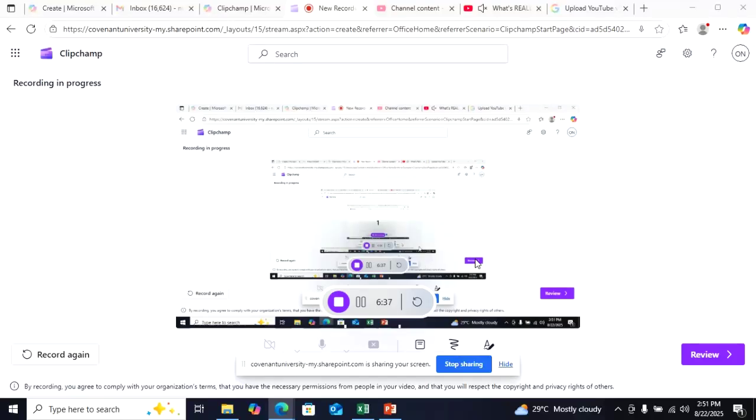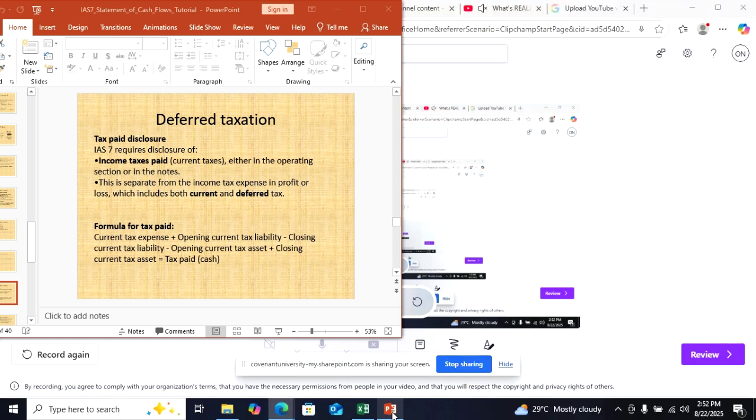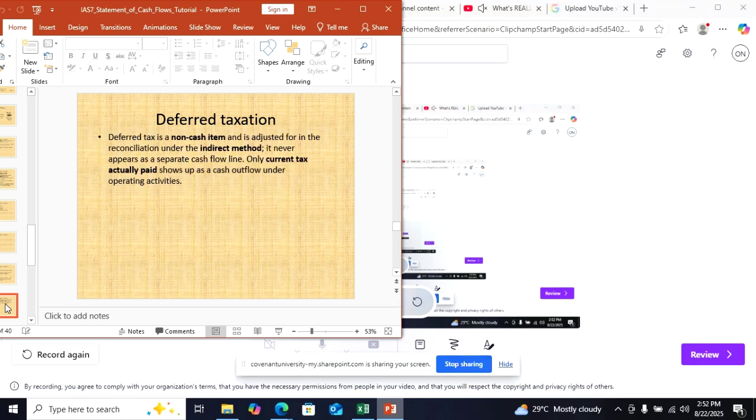Now, we are actually interested in calculating tax paid, so we have to go back to our question where we are interested in calculating the tax paid based on the example given. And remember that I mentioned that to prepare tax paid, we need to open a tax payable account, right? So, having said that, we are going to also see more examples.